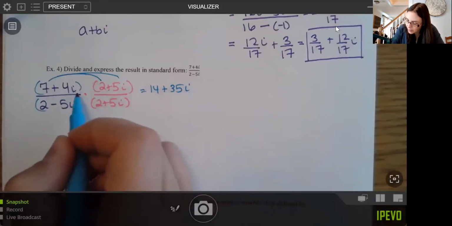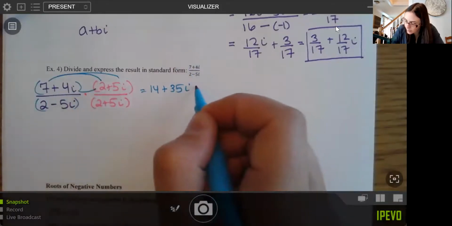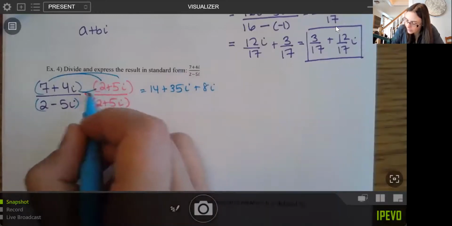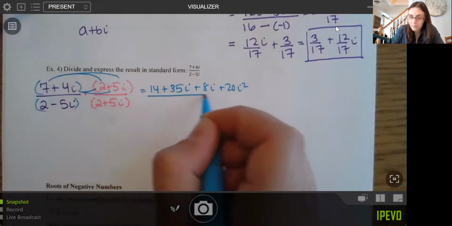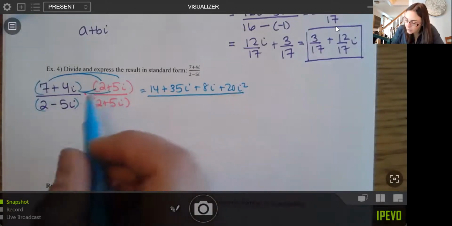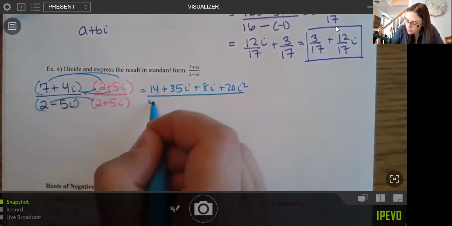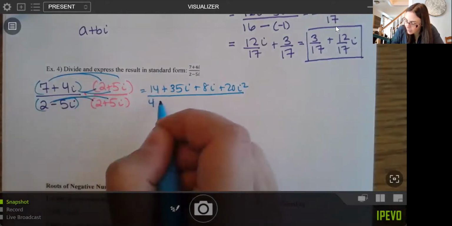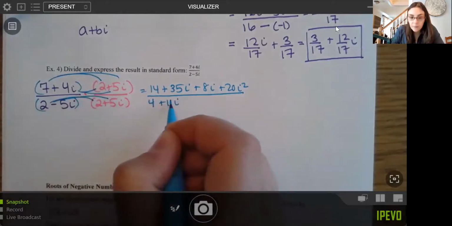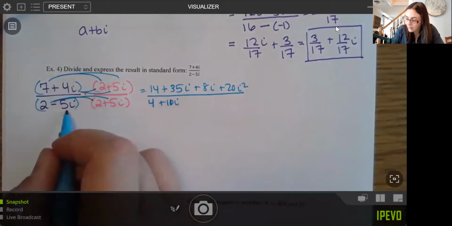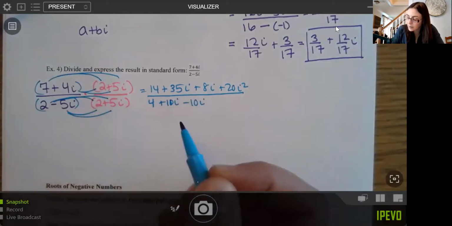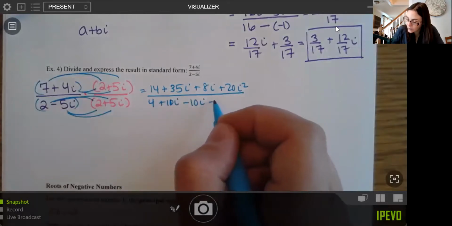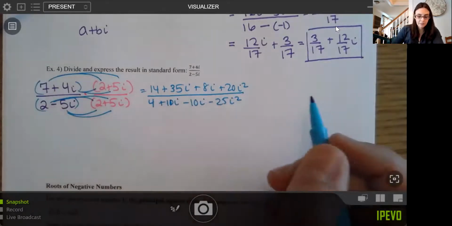On the inside part here, 4i times 2 is 8i, and 4i times 5i is 20i squared. In the denominator, 2 times 2 is 4, and 2 times 5i is 10i. Negative 5i times 2 is negative 10i, and negative 5i times positive 5i is negative 25i squared.